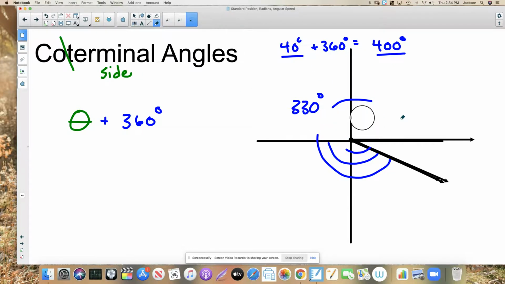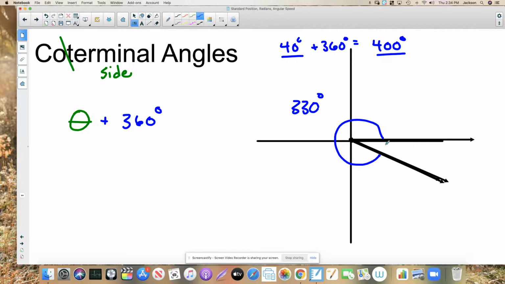Okay. By that same rationale, if you subtract 360 degrees, so if I come all the way around to here, well, if I subtract 360 degrees, let me get a different color, from here, and I come all the way around and end up in the same spot, then that's another coterminal angle. So all we do to show that is we say you can add 360 degrees or you can subtract 360 degrees.